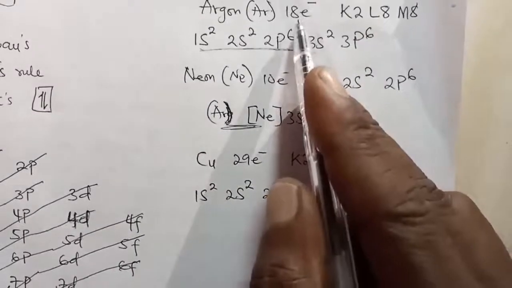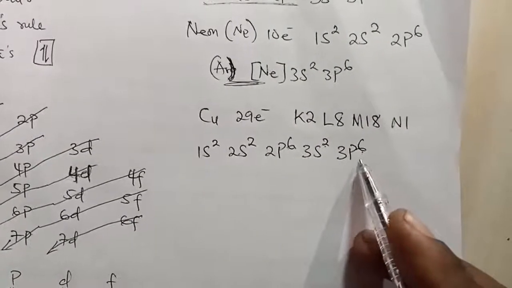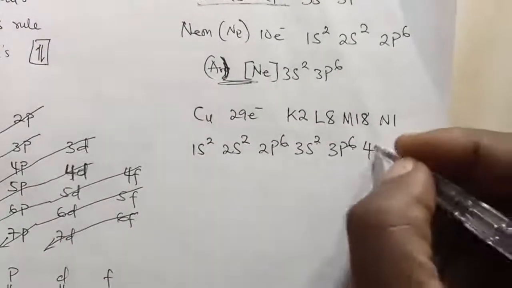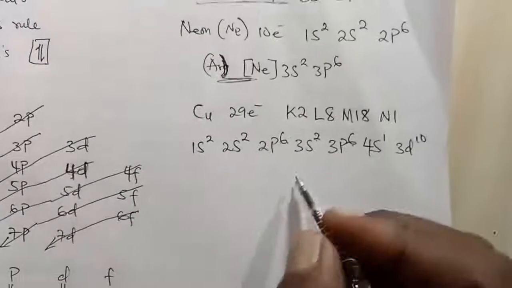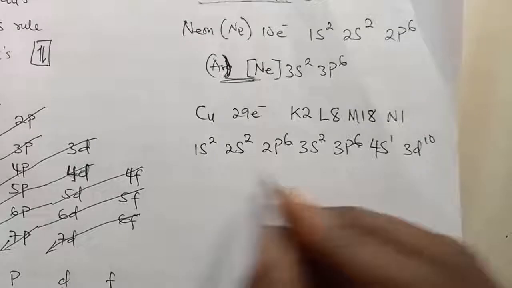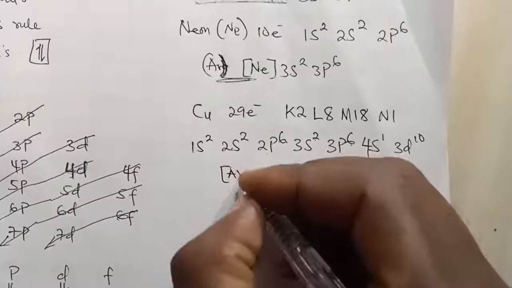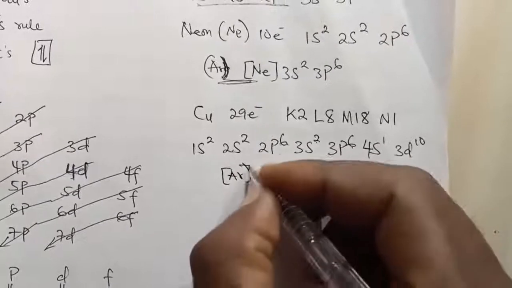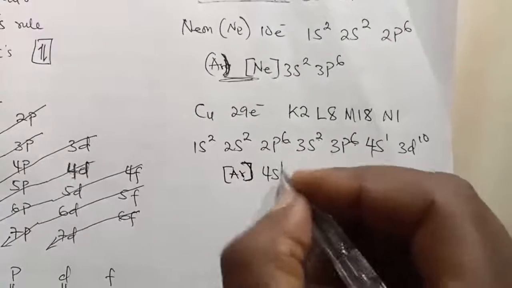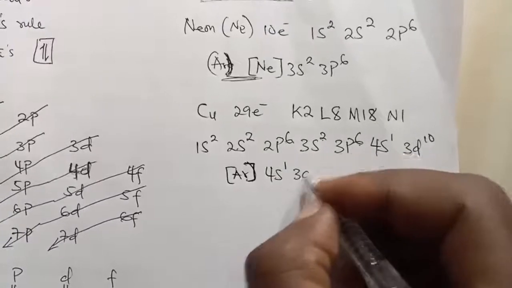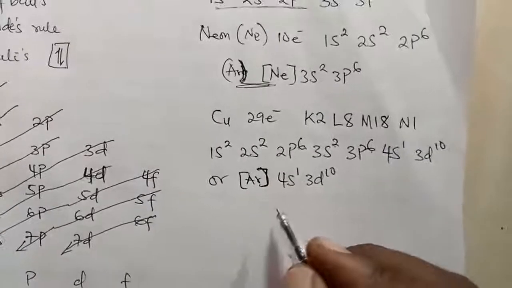Argon also has 18, so it means this is argon. After argon, you can write 4s1 and then 3d10. That's why sometimes copper can be written as argon, and after argon, you have 4s1 and 3d10. So sometimes you can write copper this way.